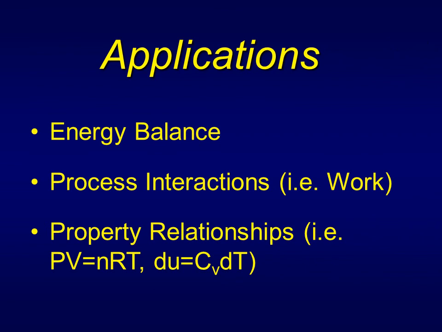Applications for this, we looked at the use of the energy balance. We looked at process interactions such as work. And remember, work out is the integral of P dV. And we used property relationships that we've learned before, such as PV equals nRT and dU equals CV dT. So those are how we've applied some of the knowledge we know to solve problems.